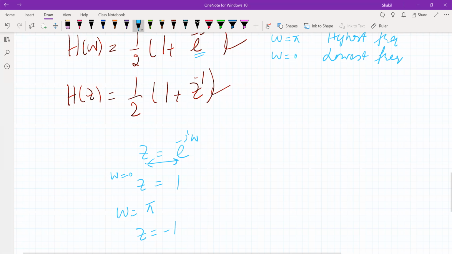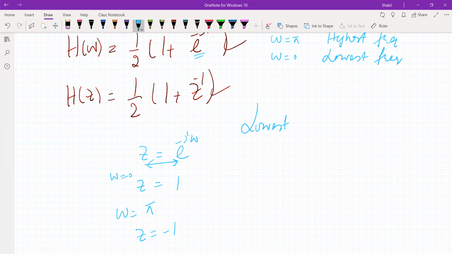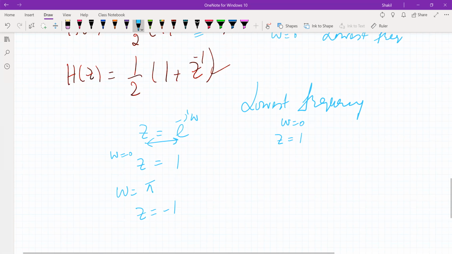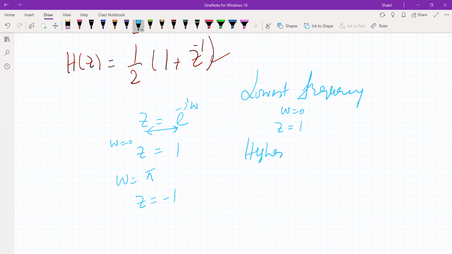So the lowest frequency, omega equal to 0, corresponds to z equal to 1, and the highest frequency, omega equal to pi, corresponds to z equal to minus 1. Alright, so we could have checked this in the z domain as well. Right? Now the low pass.